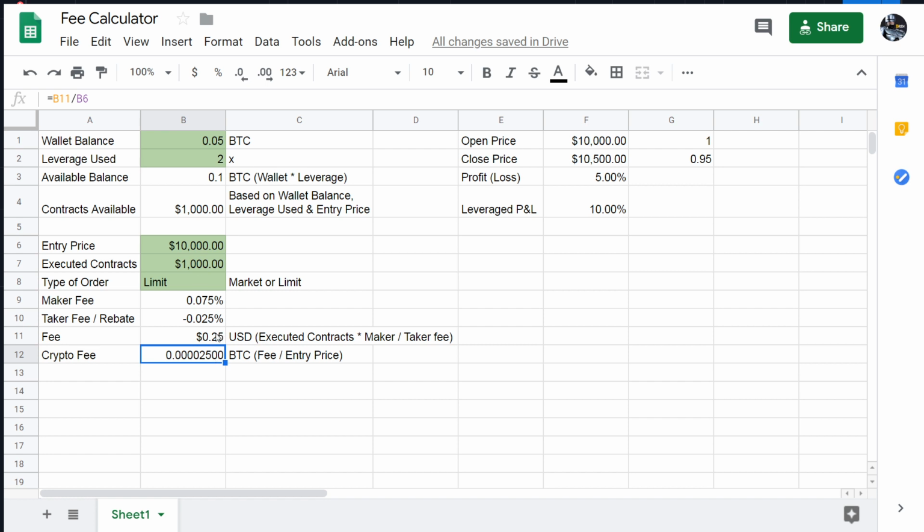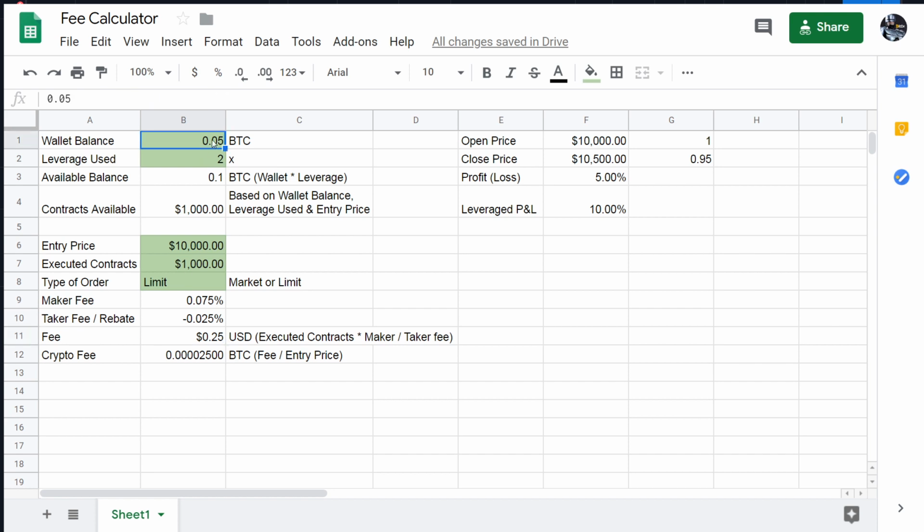Now that's not very significant. But if you're going to do rapid ordering and you're going to be getting in and out of positions frequently, if you can do that in a profitable way, you can make a decent amount off of limit orders. So basically you get in and out, in and out, over and over and over. If you can time the market that way, you can make a decent amount of money.